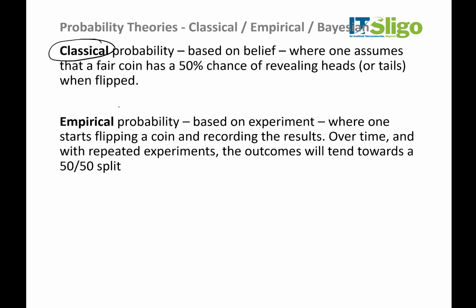So empirical is where you actually start to do something, doing an experiment again and again. A medical trial is an example of this, where thousands of patients are given a drug, and then you see how many of them develop any side effects.